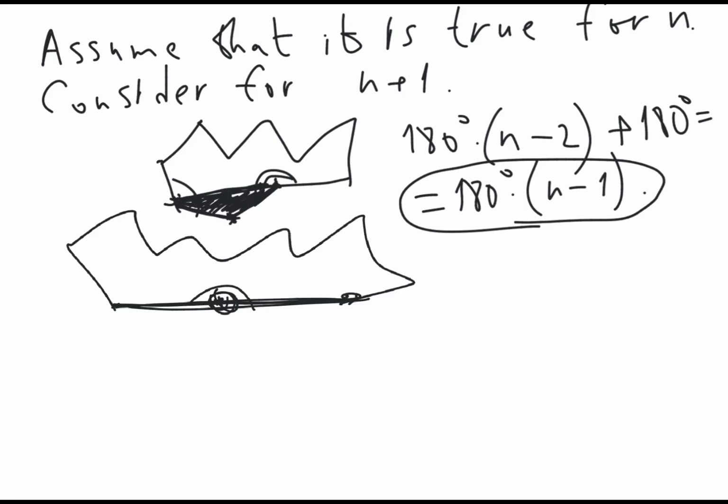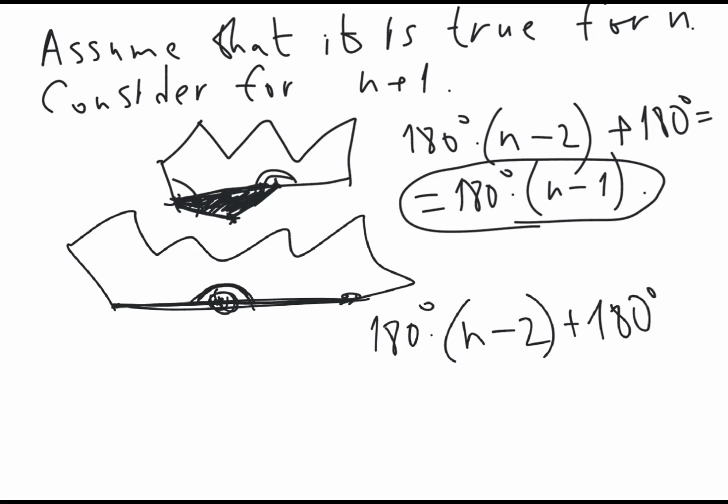Then the sum of angles would be again 180 degrees multiplied by n minus 2, and we add back this 180 degrees, the angle that we removed. And again, this would be 180 multiplied by n minus 1.